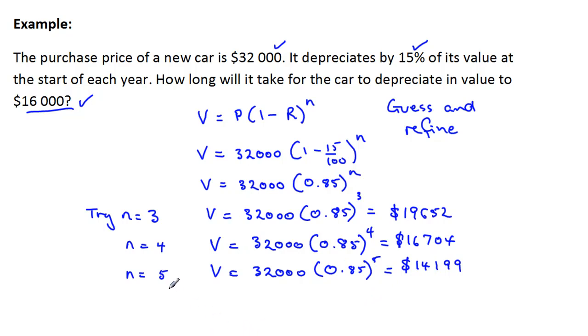Now we know by this time it's devalued past 16,000, but how are we going to actually state the answer for this? It's not exactly after 5 years, and it's not at 4 years. It hasn't quite made it. So the answer to the question, how long will it take?